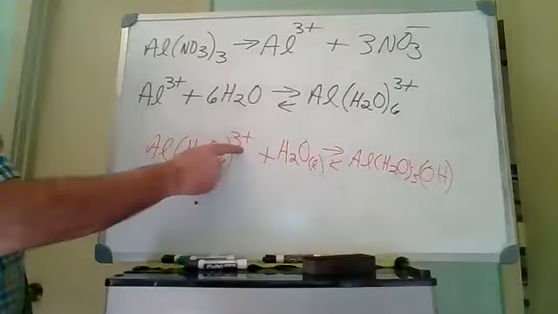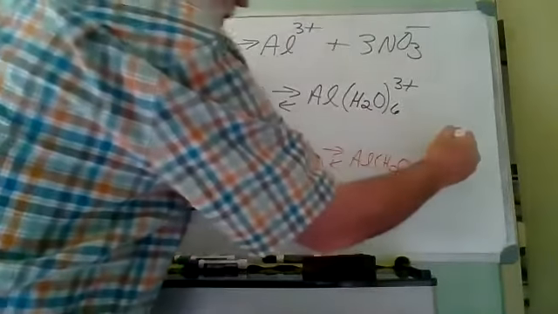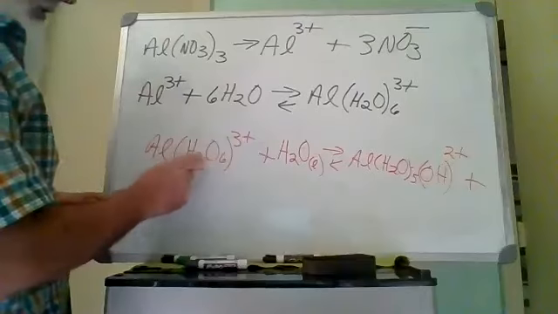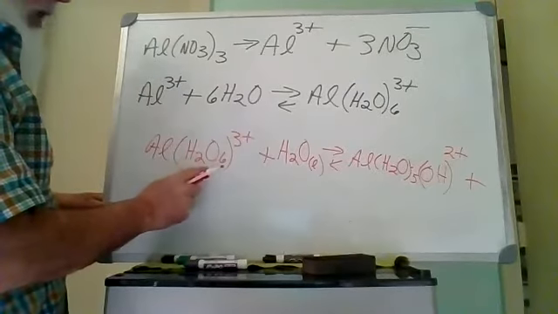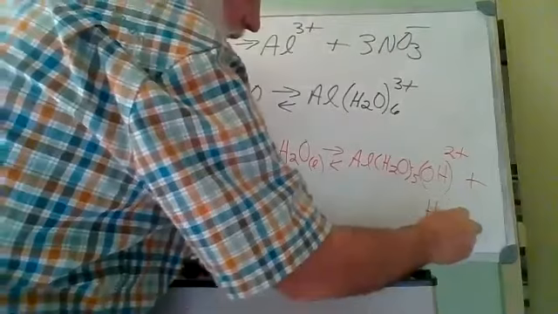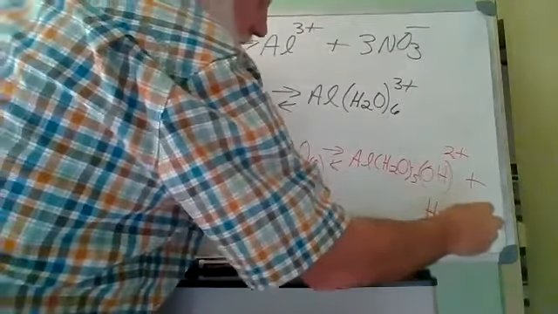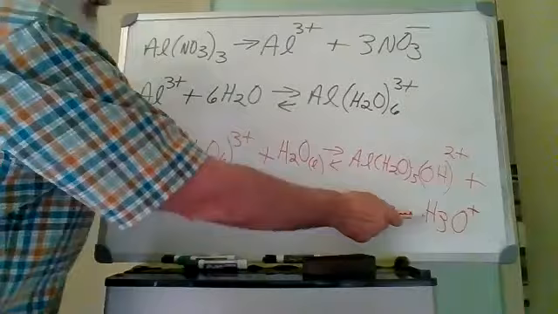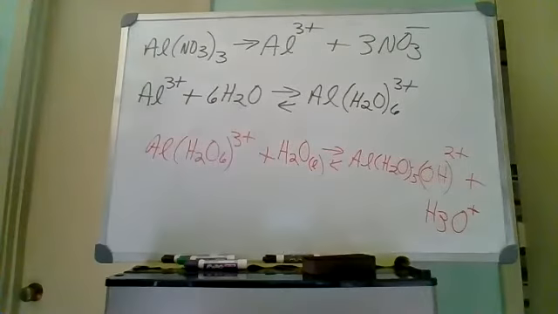That's going to reduce the charge here from 3 plus to 2 plus. Where did that proton go that got pulled off of the water ligand? It goes to protonate one of the solvent water molecules, giving H3O plus. So we should expect the solution to be at least slightly acidic.